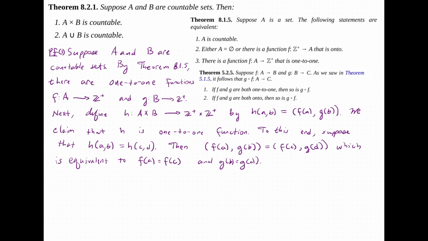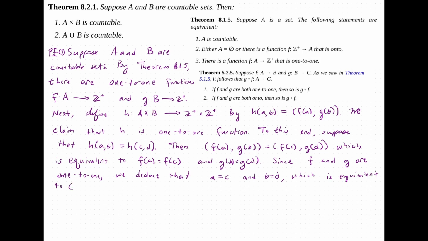And now we use the fact that f and g are 1 to 1. Since f and g are 1 to 1, we deduce that a is equal to c and b is equal to d, which is equivalent to the ordered pair (a, b) being equal to the ordered pair (c, d).